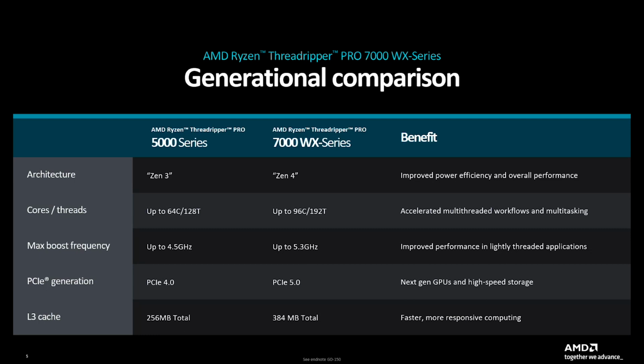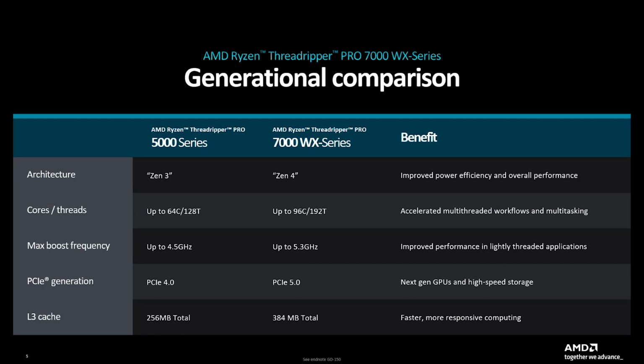The cores and threads go from 64 to 96 cores, giving accelerated multi-threaded workflows, so multitasking takes less time to complete the workload. The boost frequency has moved from 4.5 to 5.3, which gives improved performance in lightly threaded applications.